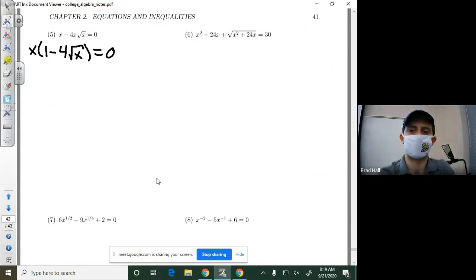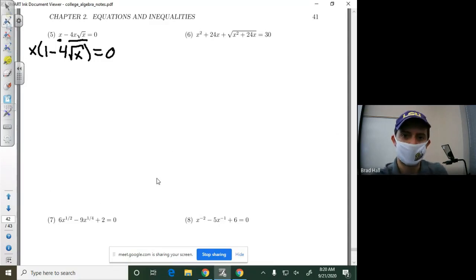So notice when I factor out x from x, we're left with 1. If you distribute that back in, you should be able to see that. And by distributing the x out of 4x square root of x, we just took the x out. One reason why I suggest doing it this way is because whenever you have a product of 2 things equal to 0, well, that's factoring.